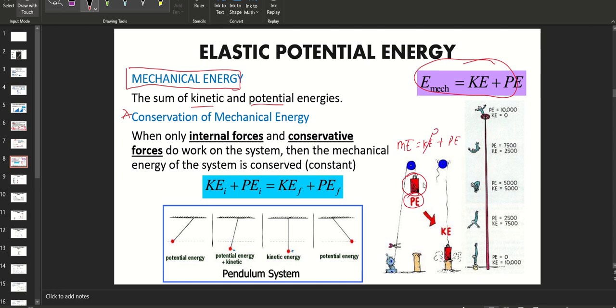So, obviously, at the highest peak, when the object is at rest, the mechanical energy is equivalent to the potential energy. Okay? Because we have no kinetic energy. Now, what if we cut the string? So, when we cut the string, the potential energy of this object becomes kinetic energy.